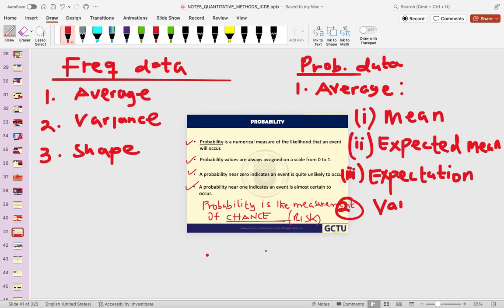As for the variance, it is the same. It has no different name. It's the same as the way we treated the frequency data. And then finally, also, we'll look at the shape of the data. So same three things we did on the frequency data, we'll do same on the probability data.